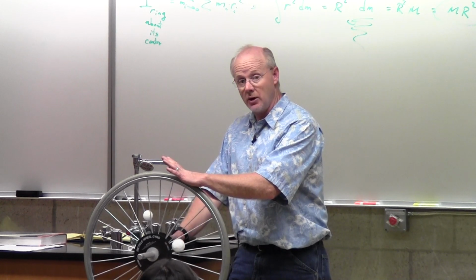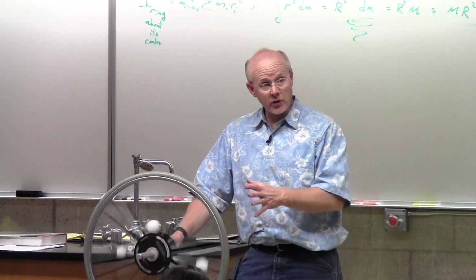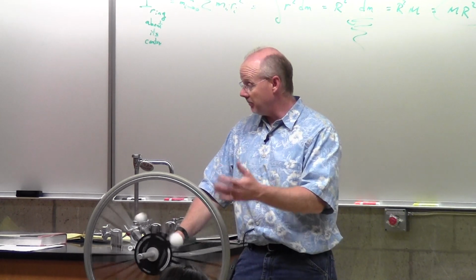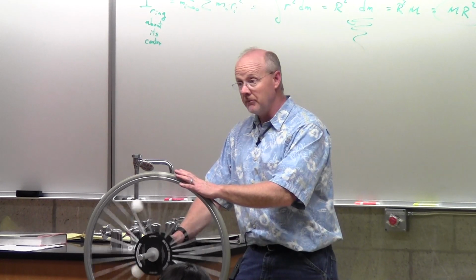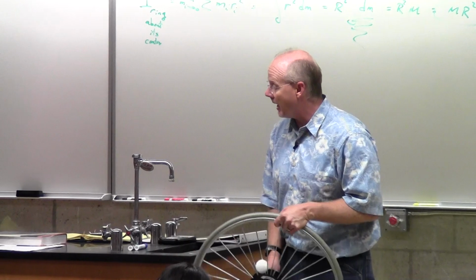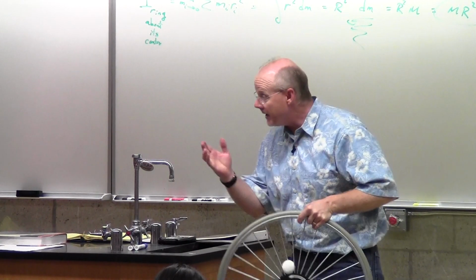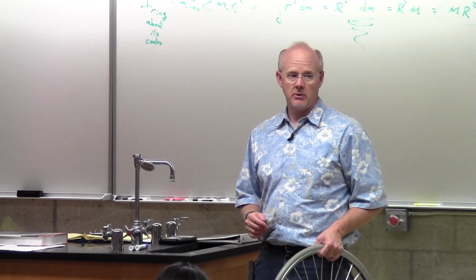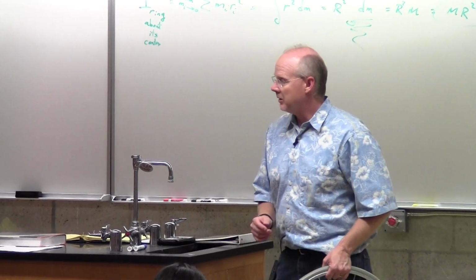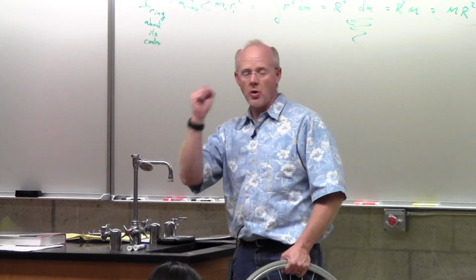So I'm applying a torque. Now, part of the torque, as we'll see, happens to be my hand's force. But Newton's first law says an object at rest will remain at rest. An object not spinning will remain not spinning. To make an object already at rest move, it needs a force. To make it rotate, it needs a torque.